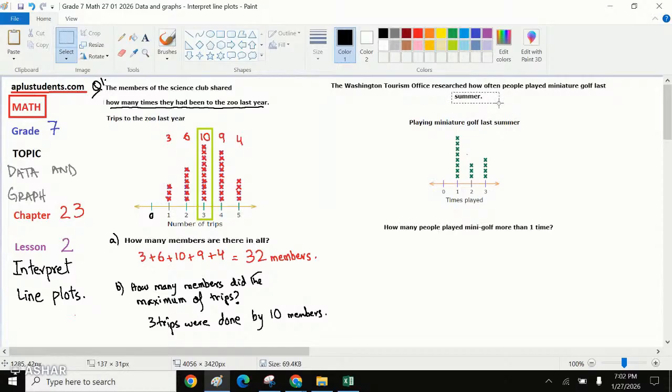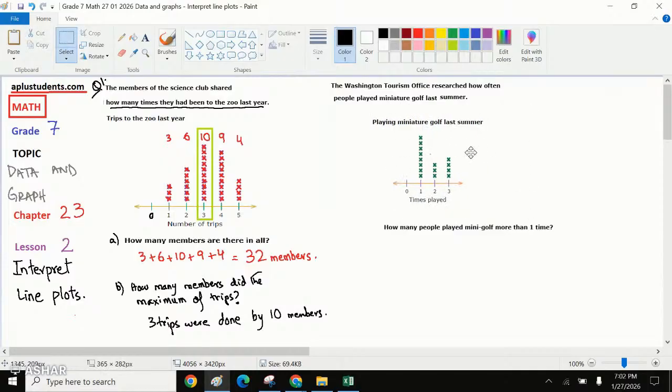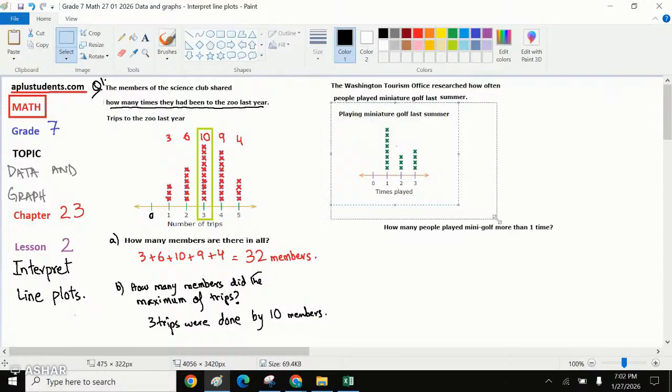Let me just realign this so that we have more space. Okay. The Washington Tourism Office researched how often people played miniature golf last summer. Okay. This is the given information.